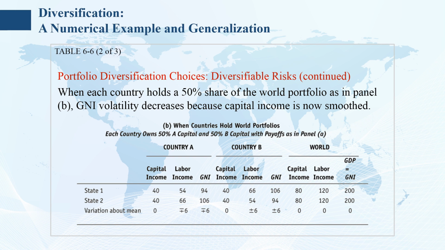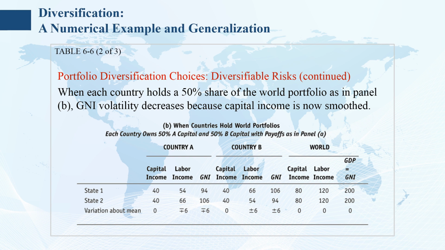Using our national accounting definitions, we know that in each economy, income, GNI, and output, GDP, are not equal in both A and B. GNI and hence consumption flips randomly between 94 and 106 in both countries.